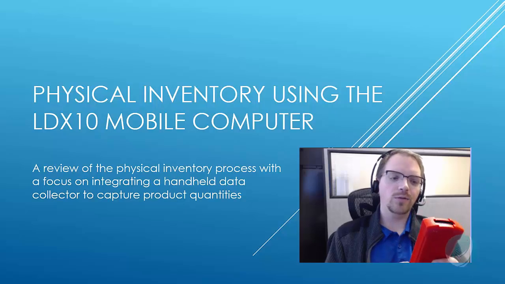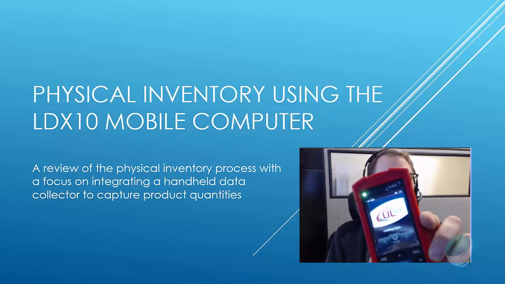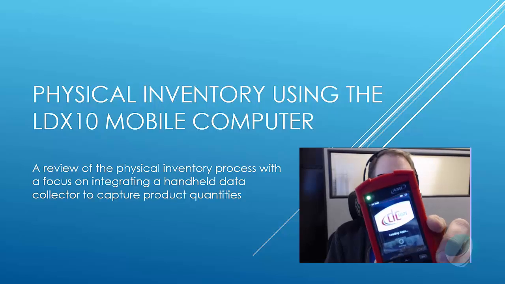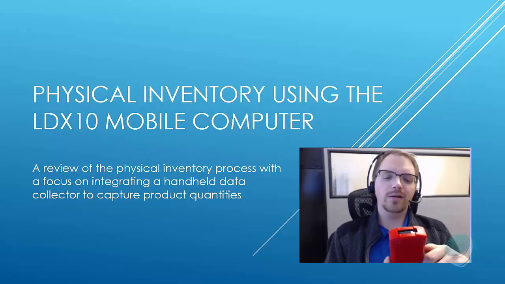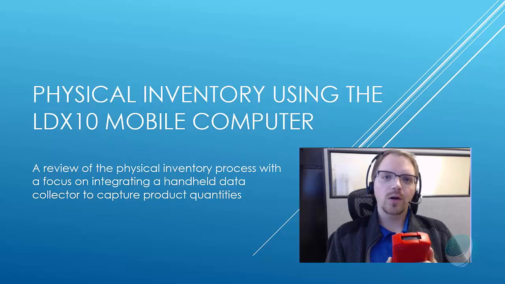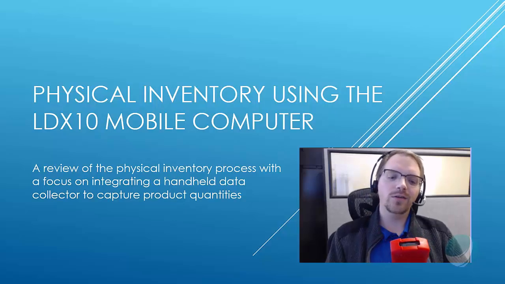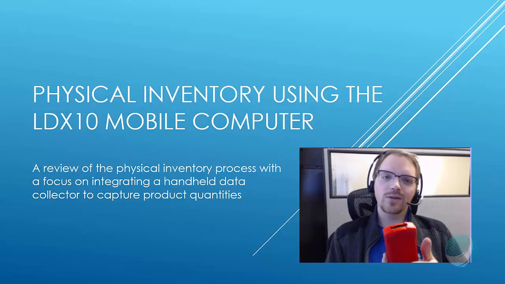It is running technically a little copy of Windows Mobile, and as we can see here, it's got a little suite on it loaded called the DC suite. Basically, it's got a full complement of different tasks that it can perform to help you out with your AIM-SI experience. Really, of course, today we're going to be focusing on the physical inventory aspect.